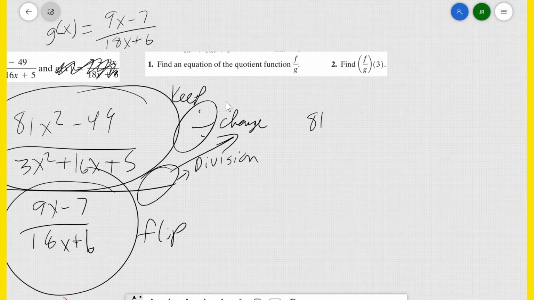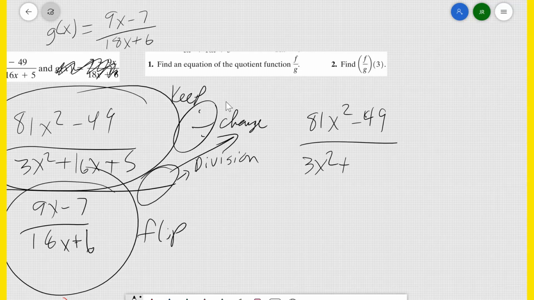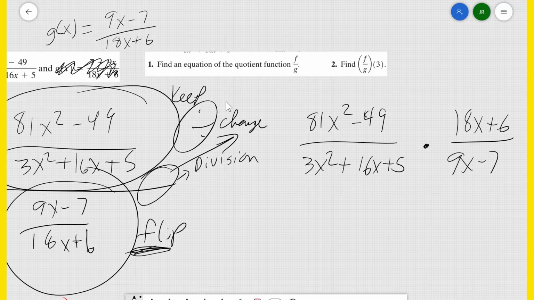So I've got (81x² − 49)/(3x² + 16x + 5) times, flipping this, (18x + 6) on the top over (9x − 7).